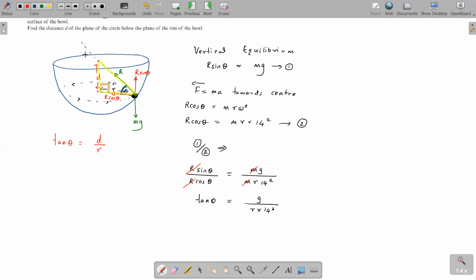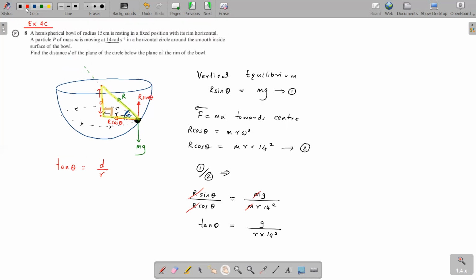So I think we did not get to use the radius 15 centimeter at all. If I had gone to use the sine and cos values individually, this length would have been 15 centimeters, or in other words, 0.15 meters. But I didn't use the radius of the hemisphere. Basically, tan theta is d over r, opposite over adjacent, right?